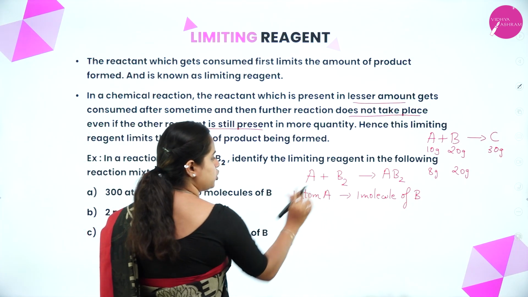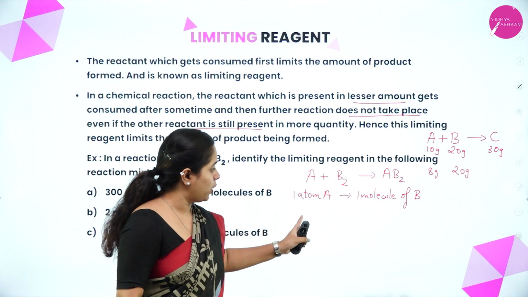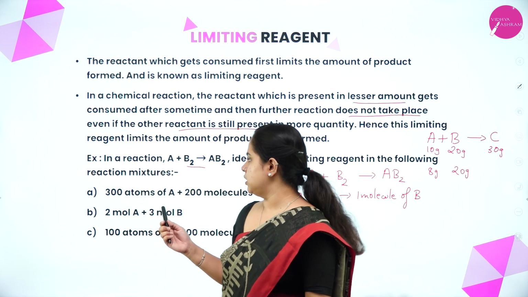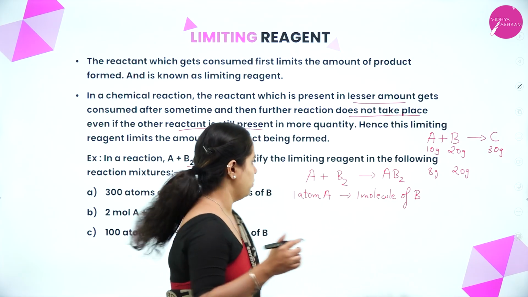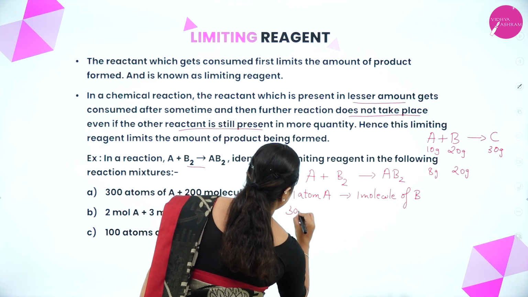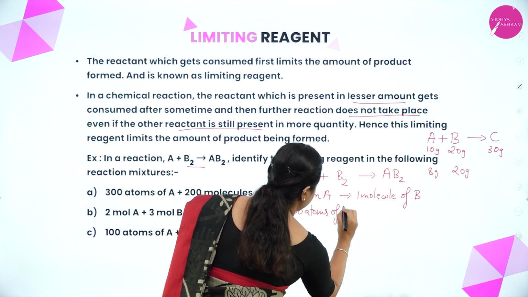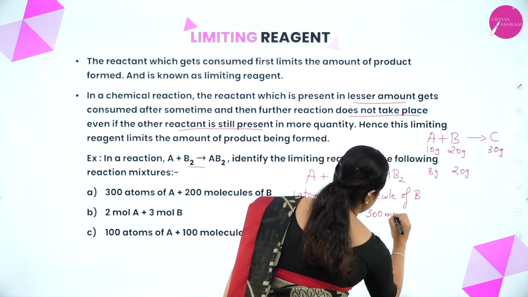There are no stoichiometric coefficients here. So one atom of A needs one molecule of B. What does the question ask? 300 atoms of A and 200 molecules of B. If it is 300 atoms of A, that means you need to have 300 molecules of B.